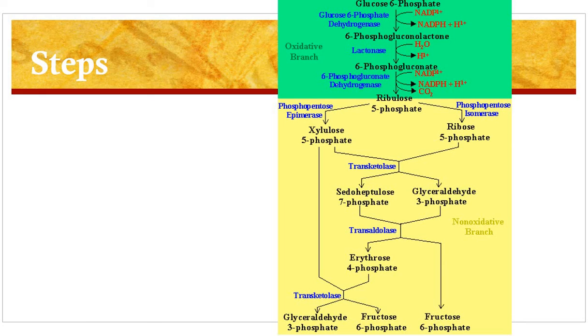All of these 5 fructose 6-phosphate molecules formed regenerate 5 molecules of glucose 6-phosphate.